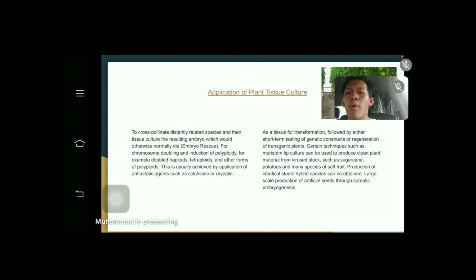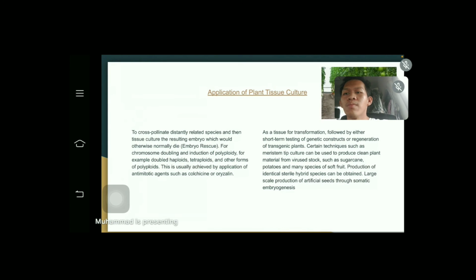It is used to cross-pollinate distantly related species and then tissue culture the resulting embryo, which would otherwise normally die.